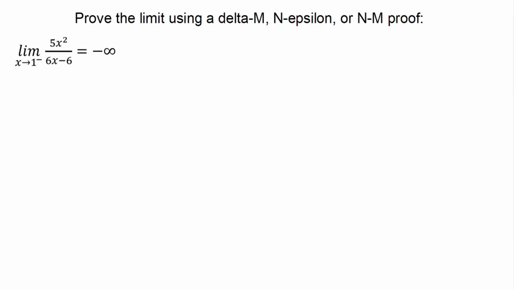All right, for our next one here, we have the limit as x approaches 1 from the left of 5x squared over 6x minus 6, and it equals negative infinity, which means that instead of having m greater than 0, we're going to have m less than 0. So given an m less than 0, we're going to choose a delta equal to something, which we'll figure out.